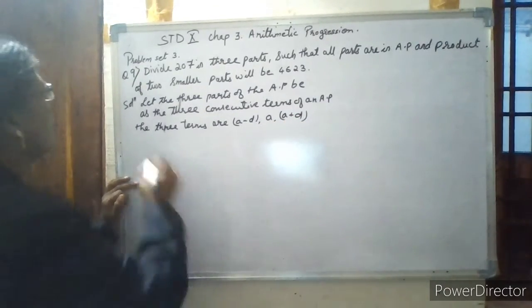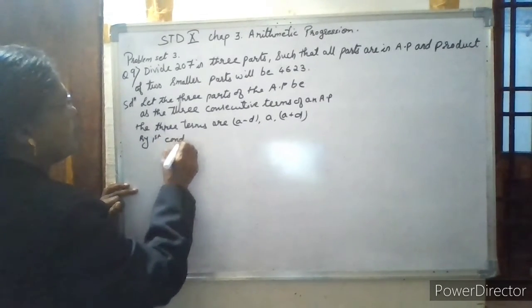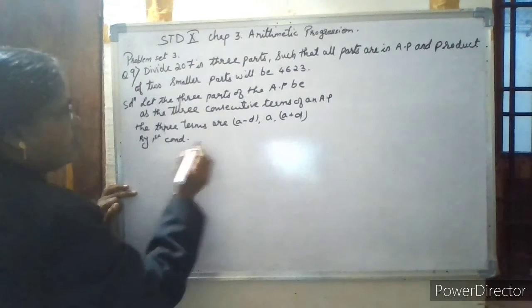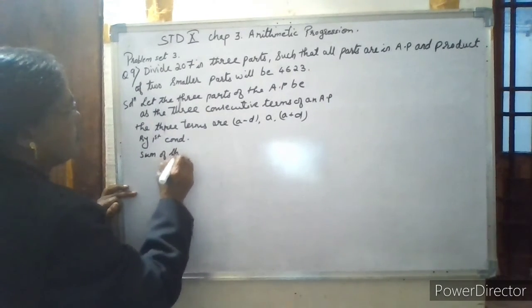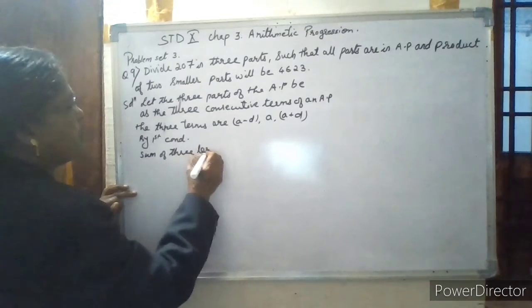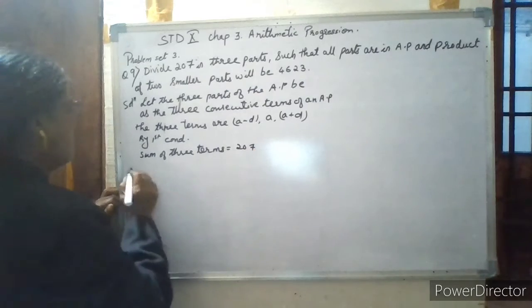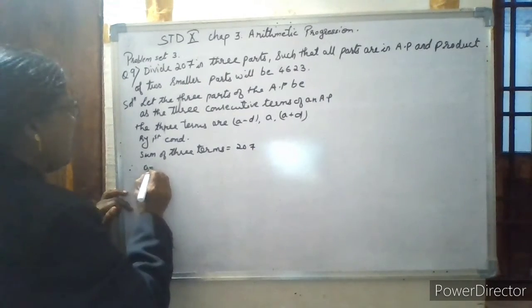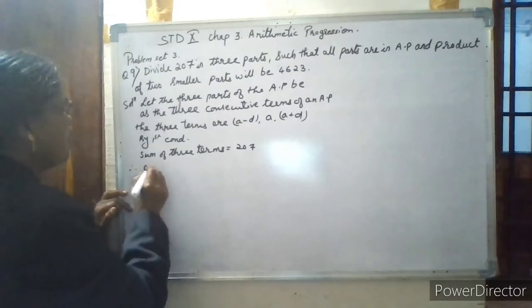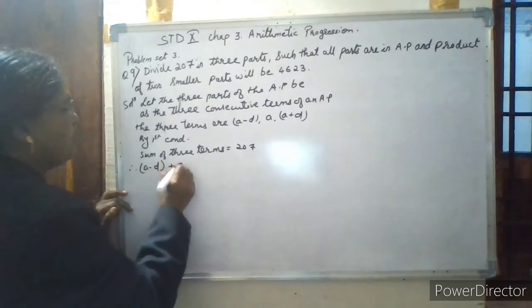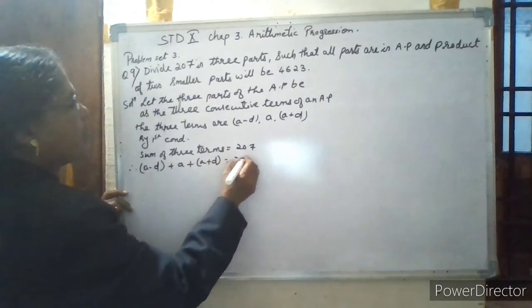So by the first condition given, the sum of three terms is equal to 207. Therefore, a minus d plus a plus d is equal to 207.